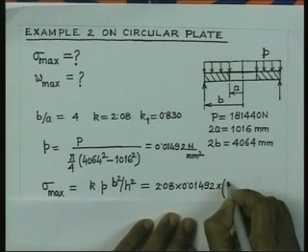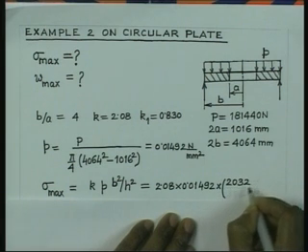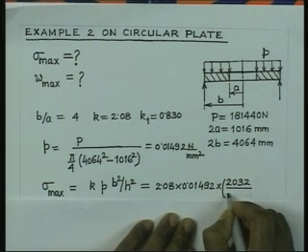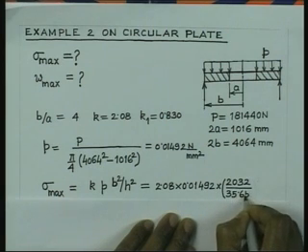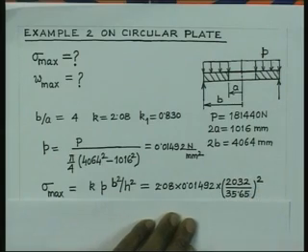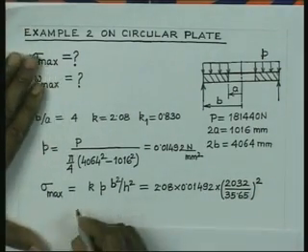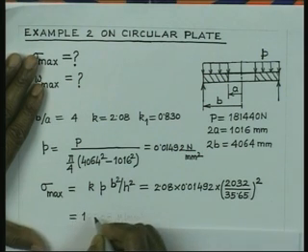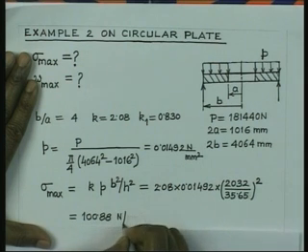B square is nothing but 2032 square, and the height of the plate is 35.65. So, B by H square. So, if we do that, it gives us a value of 100.88 Newton per millimeter square.